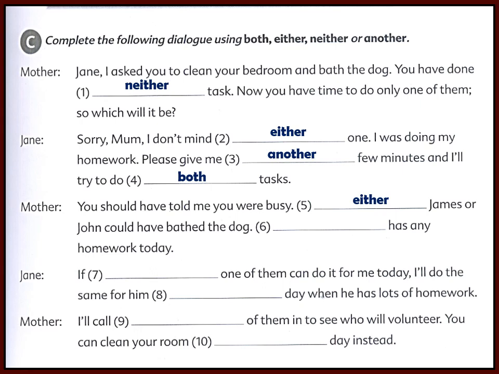So we cannot use both, right? So neither you can use, I think. Good. Neither. Why have we used neither here? Because James and John are 2 and between them no one has any homework. That's why we used neither. Now Jane, if dash one of them can do it for me today, I will do the same for him.